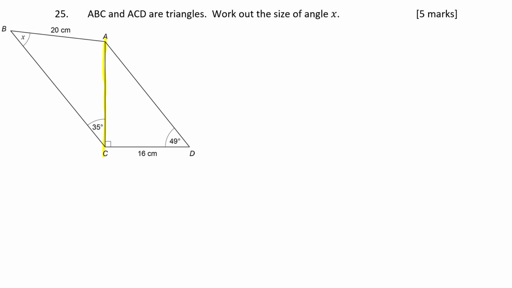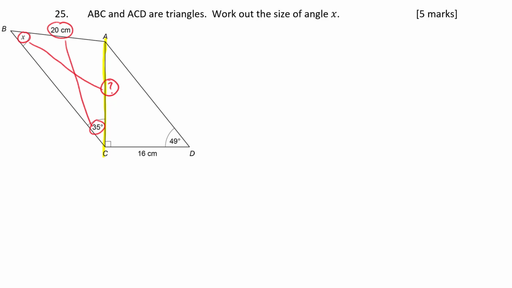Because if I know AC, then I can use the sine rule. Then I can use this given side and this angle, which go together in a pair, and this side I would have just found along with this angle, and then I can use the sine rule, because the sine rule is about opposite pairs that go together, isn't it? Okay, so I could use the sine rule if I can work out AC.